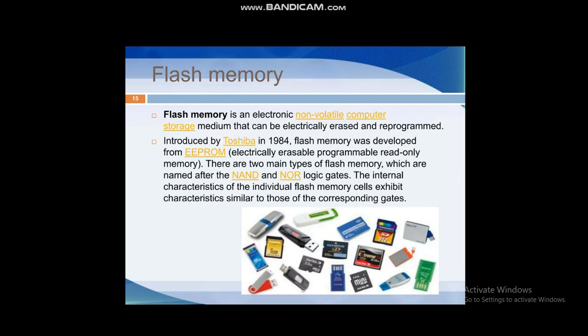There are two main types of flash memory, which are named after the NAND and NOR logic gates. The internal characteristics of the individual flash memory cells exhibit characteristics similar to those of the corresponding gates.